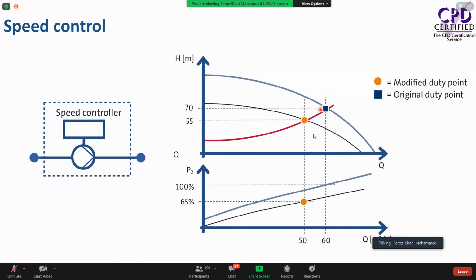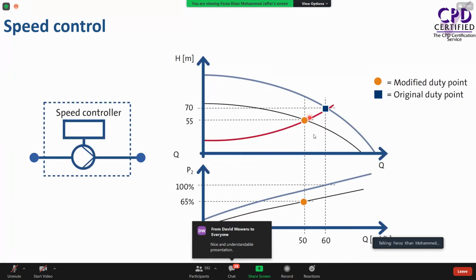And in speed control, as you can see, we are not compromising on the efficiency. The power consumption will reduce substantially when we change the speed from this duty point to the newer duty point. So that's the great advantage of variable frequency drives.